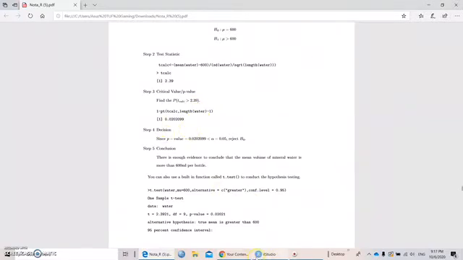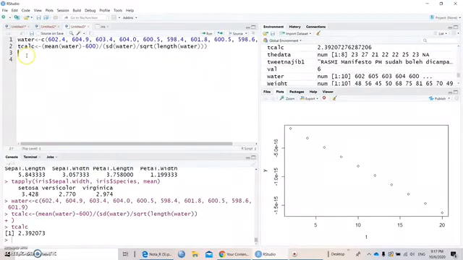So 1 minus pt, t calc, degrees of freedom is length of water minus 1.